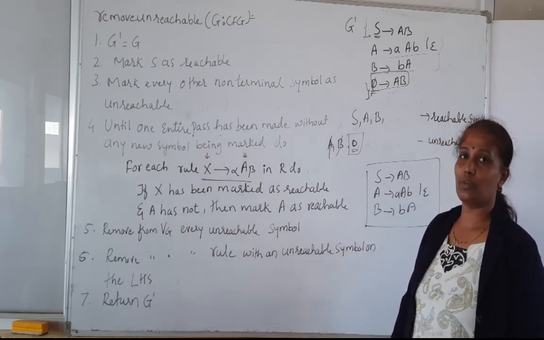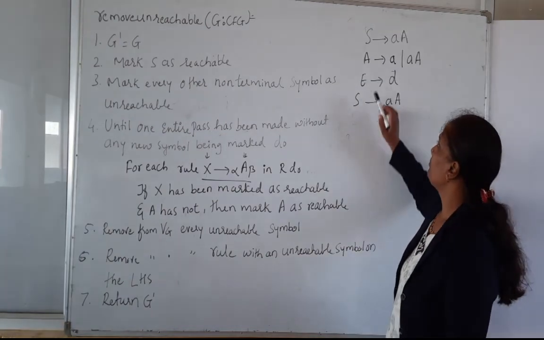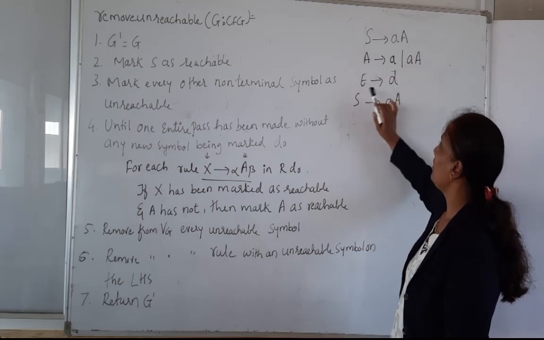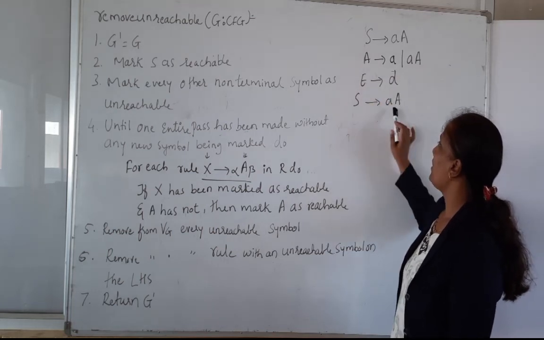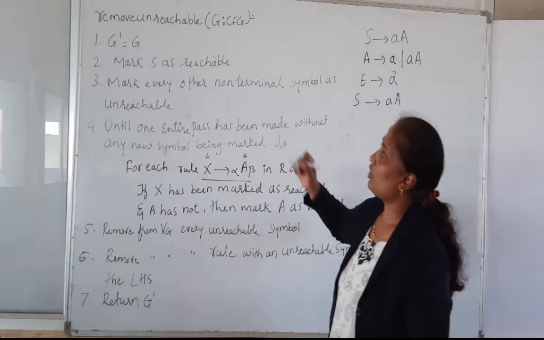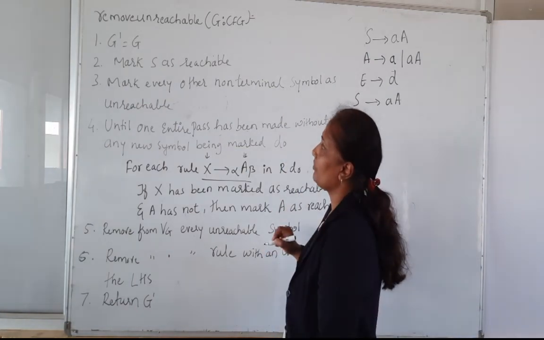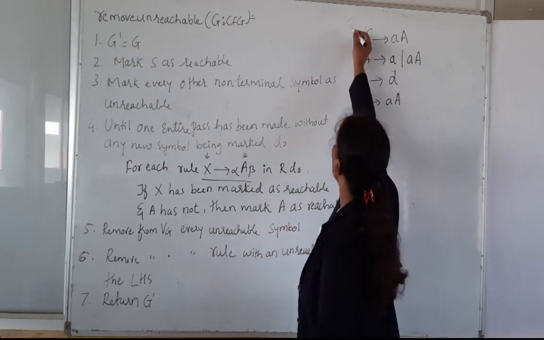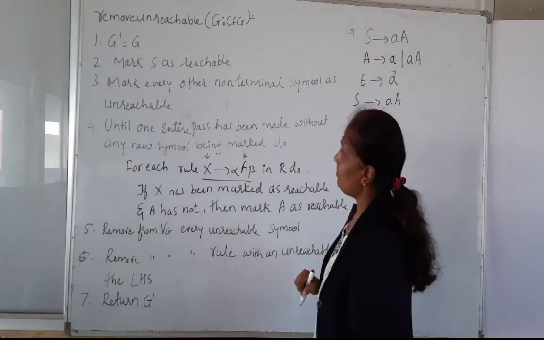We will take one more example for this. Check out the second example, where S produces A, A produces a or AA, E produces a, and D produces AA. When I apply the unreachable algorithm, what do I get? The grammar G becomes G dash according to the first step.